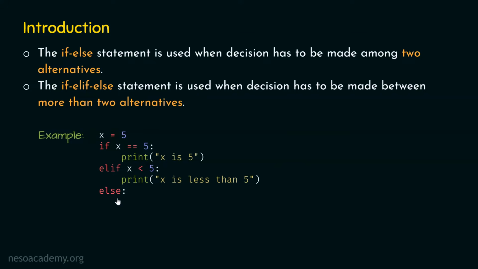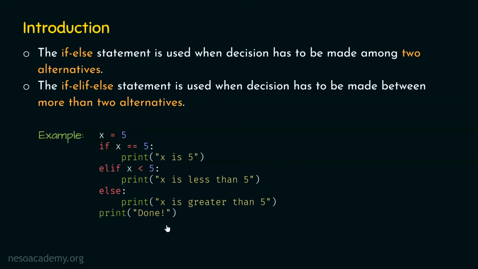Hence, the else statement will be executed. Inside this else, we want to print x is greater than 5 because we are sure that x is definitely greater than 5. After this, finally we want to print done, regardless of whether these conditions are satisfied or not. So done will be printed no matter what.